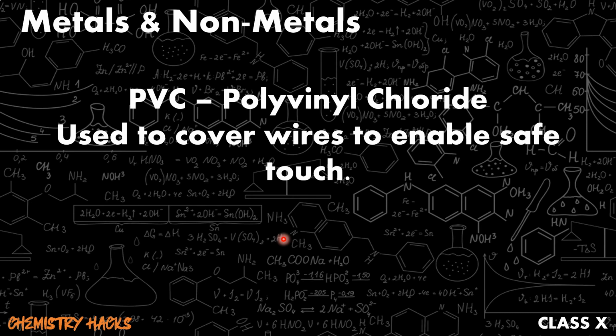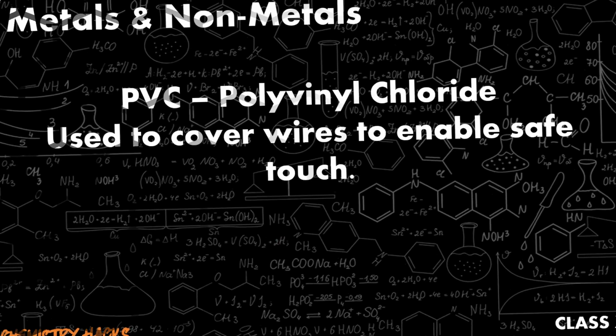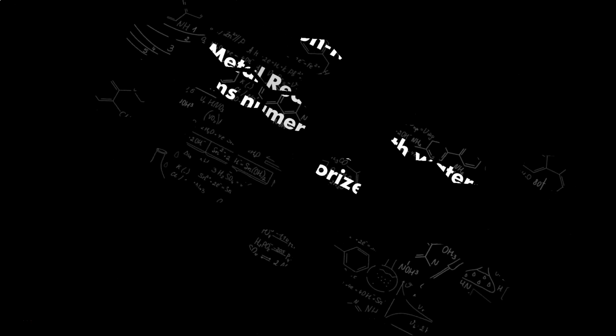It's a form of plastic called PVC, or polyvinyl chloride, and that's used to cover wires to enable safe touch, so that the current flows and the electricity passes, but I can still touch this charger right here, and I won't get shocked. That's why we use PVC.